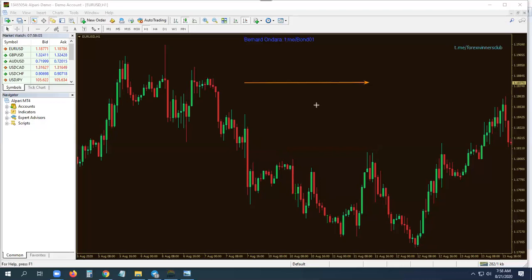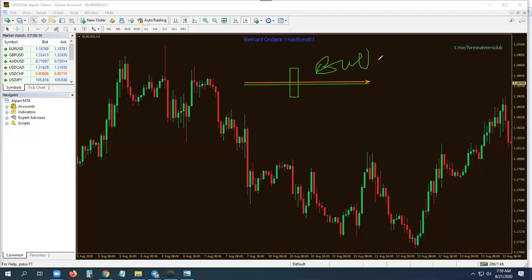So with resistance, if you see a bullish candle close above your zone, let's say you are drawing this as your resistance zone, like this, and a candle has closed above your zone, this is considered a bullish breakout.